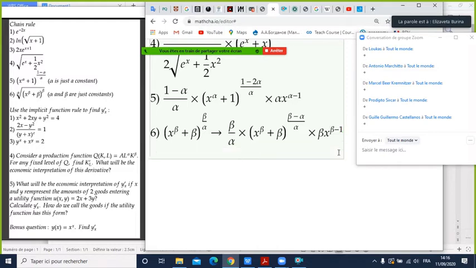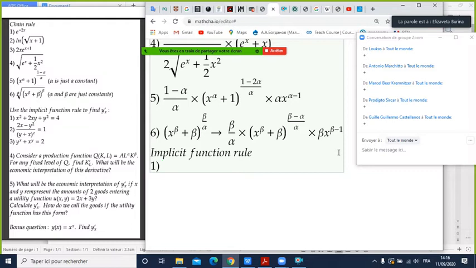So, implicit function rule. Okay, first of all, we have the nicest thing ever, just x, y with exponents.